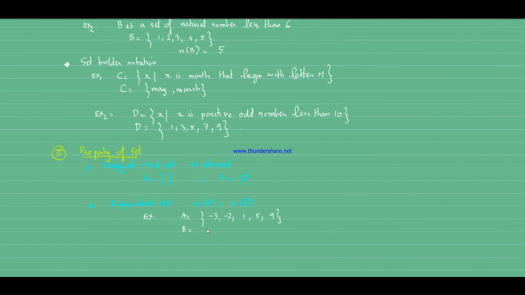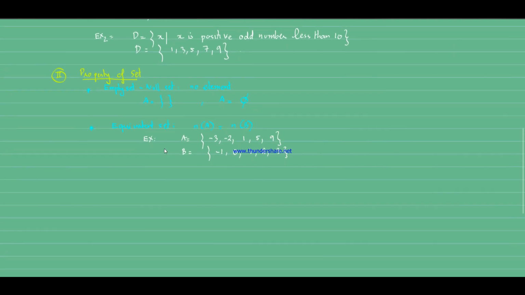And what if set B has -1, 0, 1, 2, 3? You see the elements of set A and set B are very different. Some of them share common elements, but they are different. However, the number of elements in sets A and B is the same.